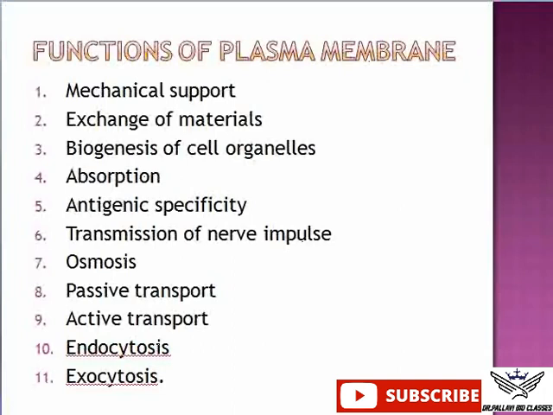It also helps in the passive transport of some materials, in which there is no need of energy. This passive transport occurs through the plasma membrane from the region of higher concentration to the region of lower concentration.